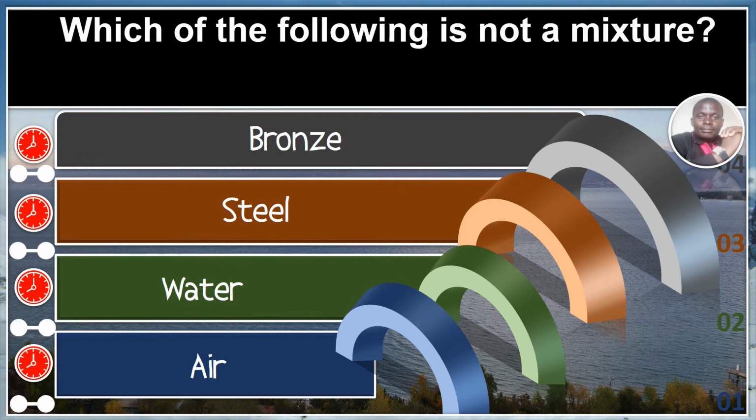Which of the following is not a mixture? Water.